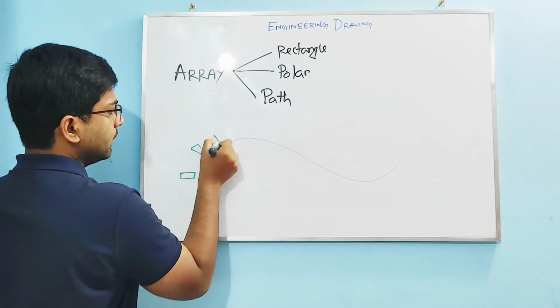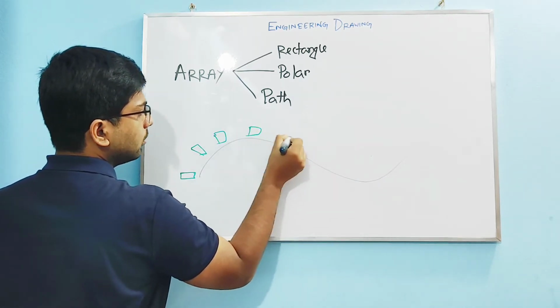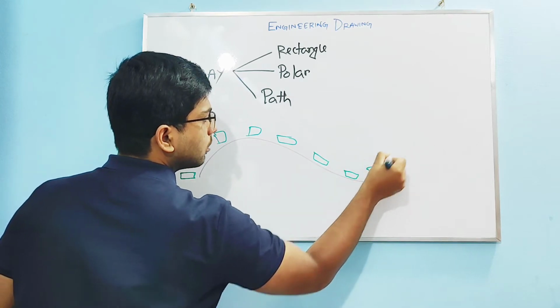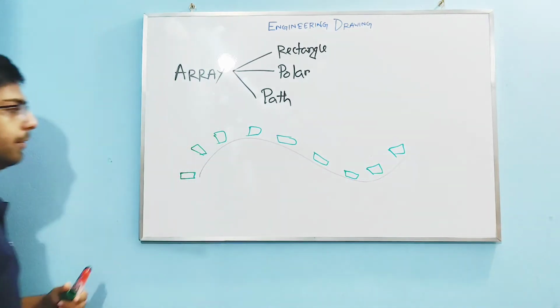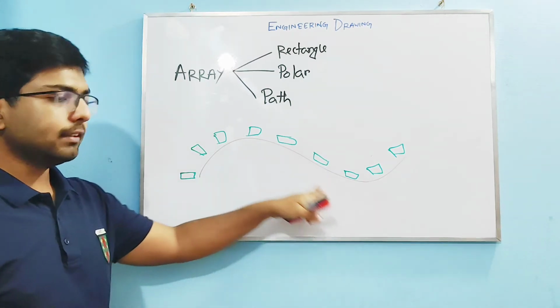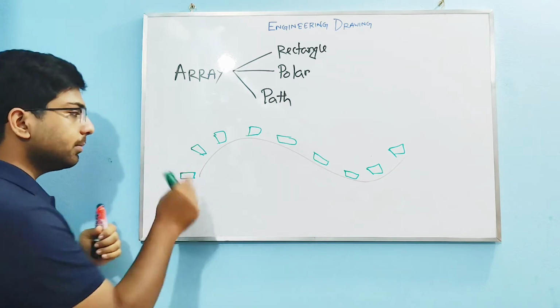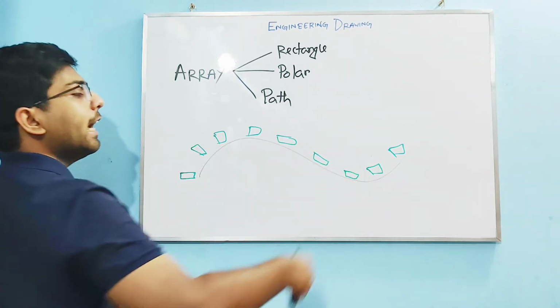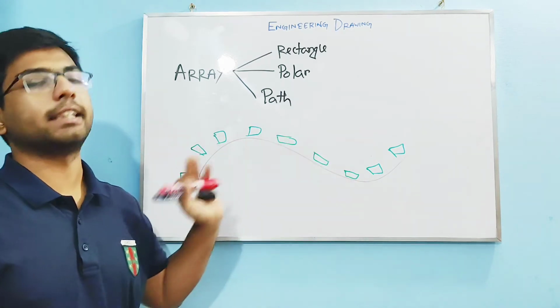So you can copy it like this. Okay. So for this, at first you have to select the object you want to copy multiple times, and then you have to select the path alongside which you want to copy this object. Okay.